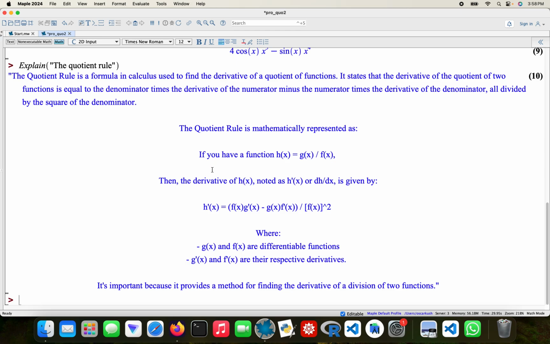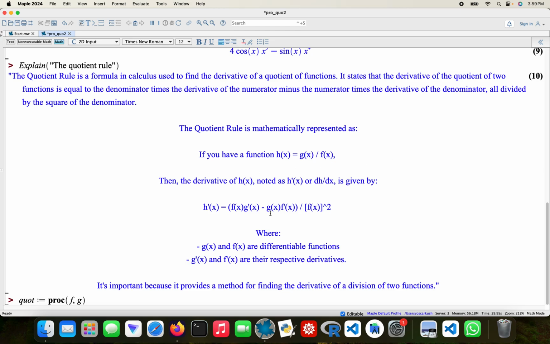So what I'll do now is create my function as well, and just crack on like I did with the product rule. I'll type in quot. Quot is a keyword in Maple, so you can't use that. So proc, procedure. I'm going to use f and g.